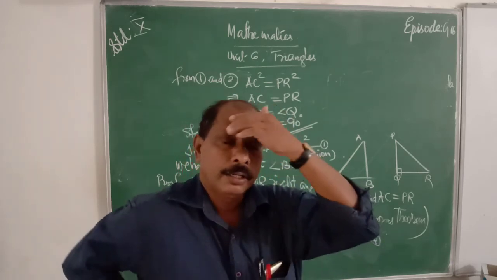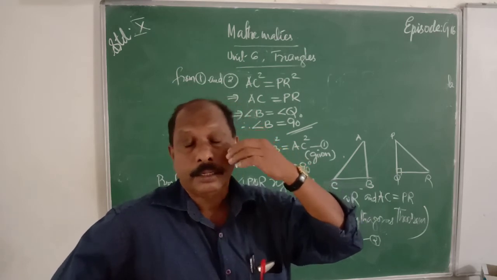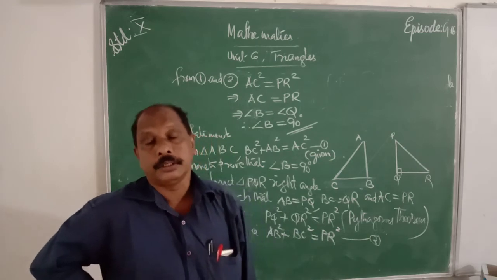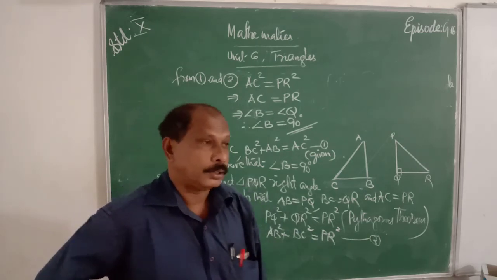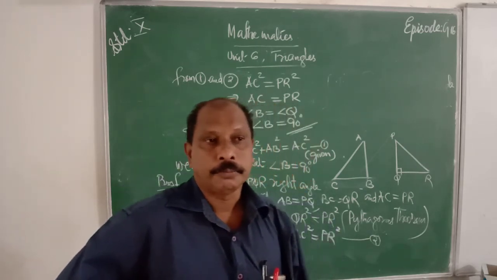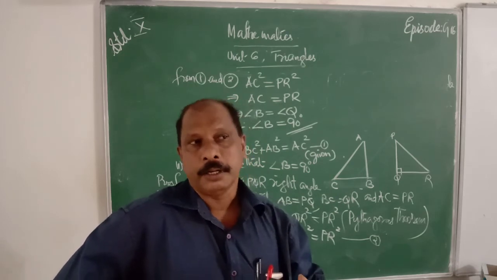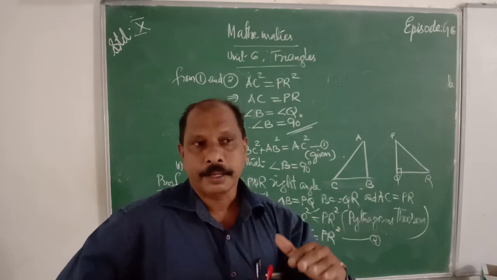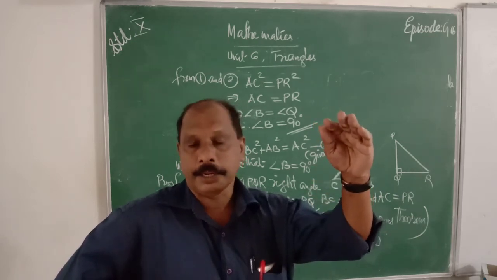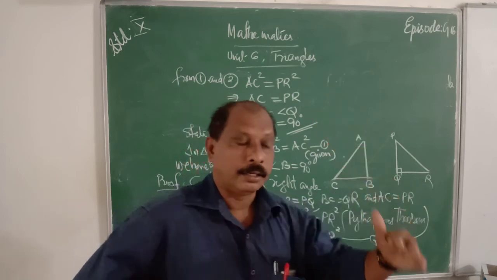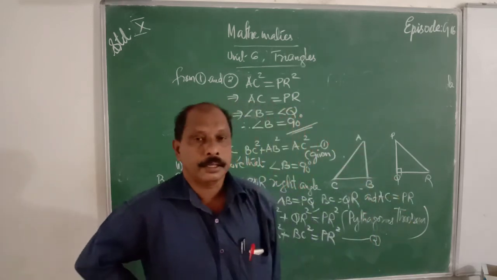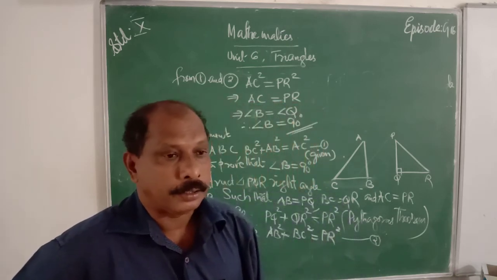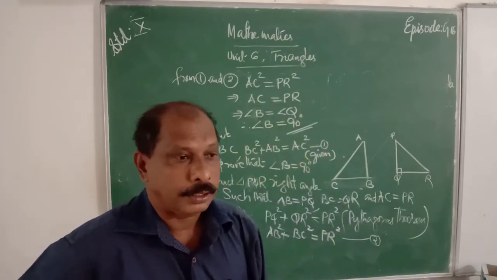For example, ABC is a triangle, DE is parallel to BC, therefore we prove that AD by BD is equal to AE by EC. For the proof of that theorem, let us consider the area of triangle ADE and the area of triangle BDE, and also the area of triangle ADE and the triangle CDE.